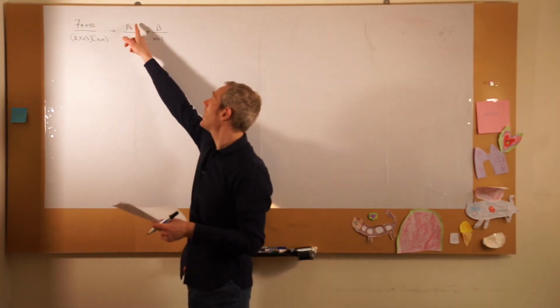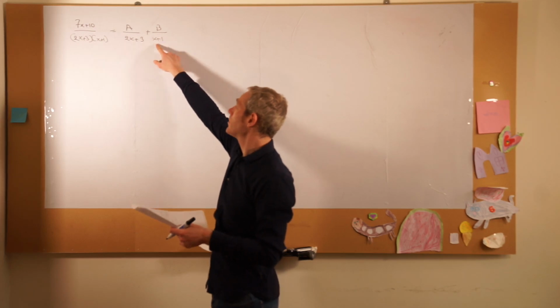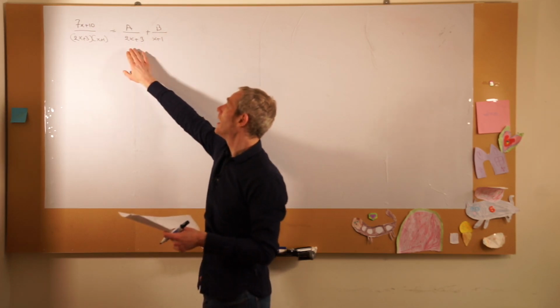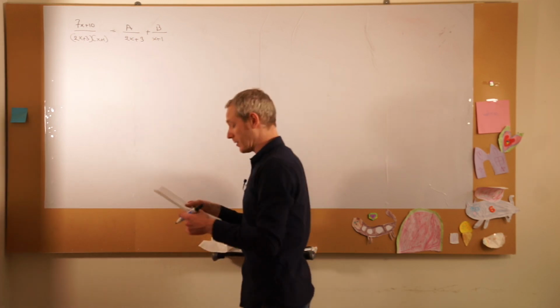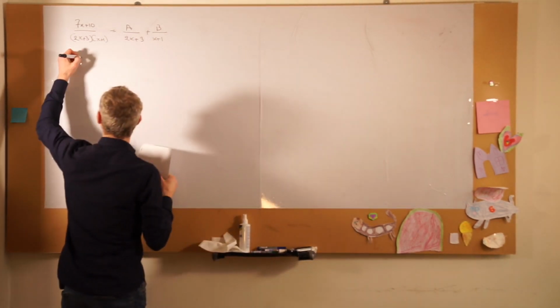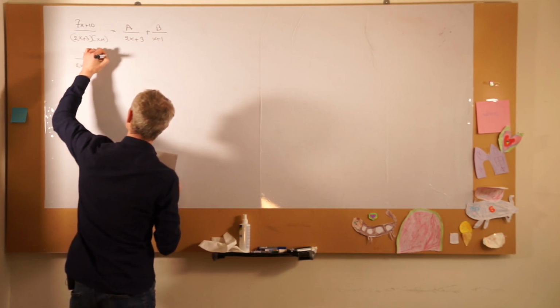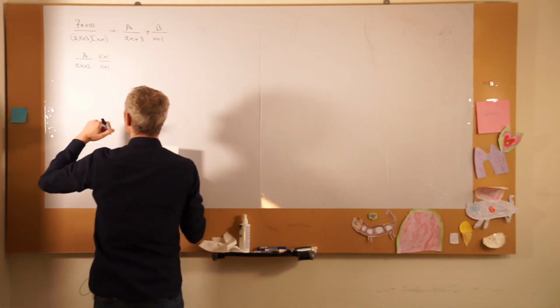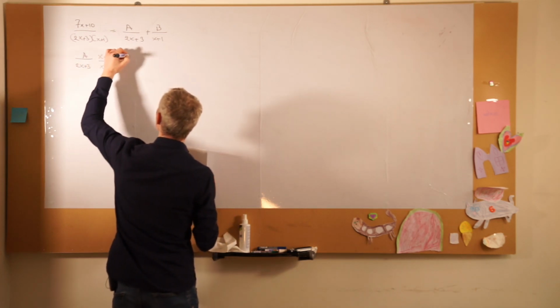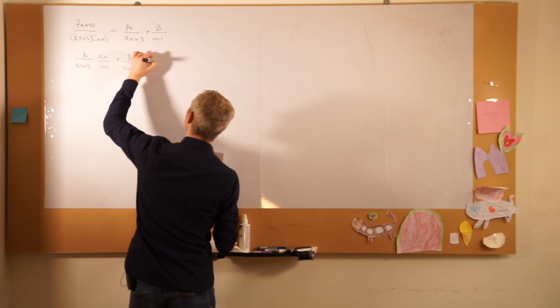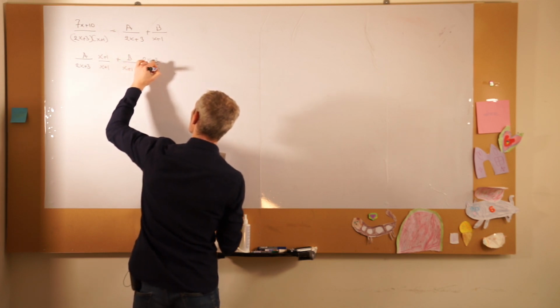Well, we multiply this partial fraction by (x + 1) over (x + 1), and we multiply this partial fraction by (2x + 3) over (2x + 3). So we get a over (2x + 3) times (x + 1) over (x + 1), it's just a fancy way of multiplying by 1, plus b over (x + 1) times (2x + 3) over (2x + 3).